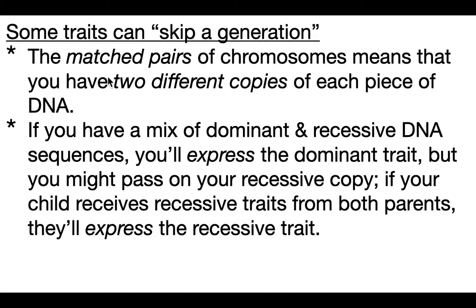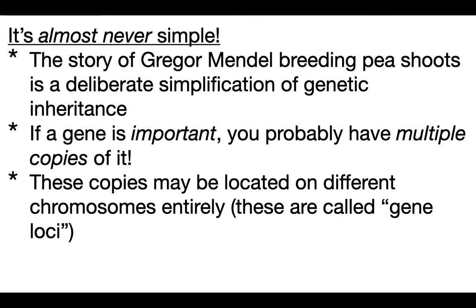But I gotta warn you, it's almost never as simple as what you learned in 9th grade. The story of Gregor Mendel breeding pea shoots is a very deliberate simplification of genetic inheritance. Even in his own results, he acknowledged that that was a deliberate simplification of what he really saw happening.